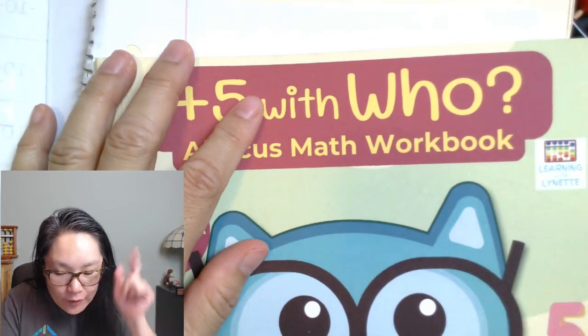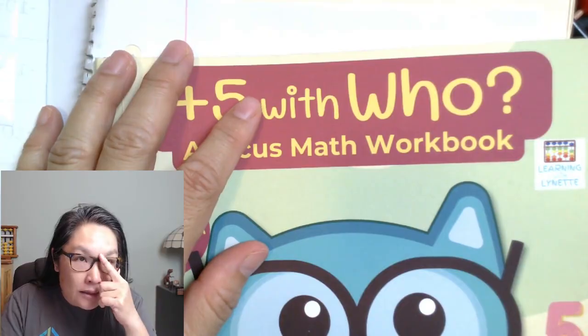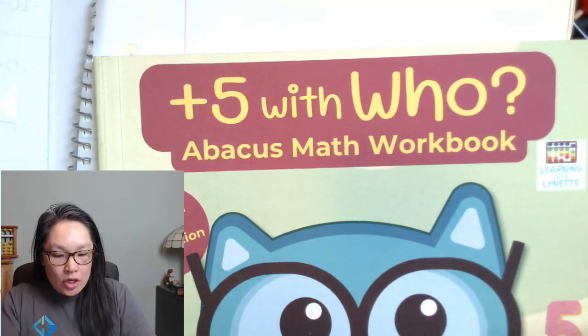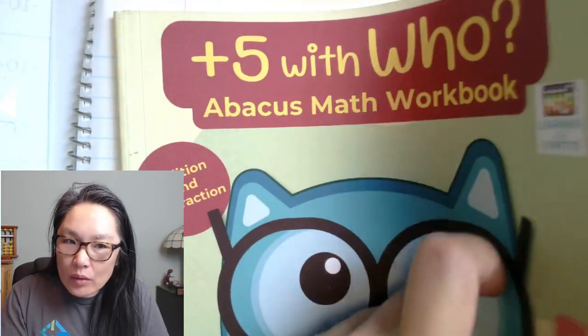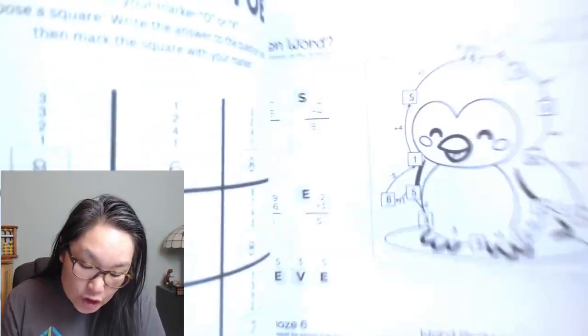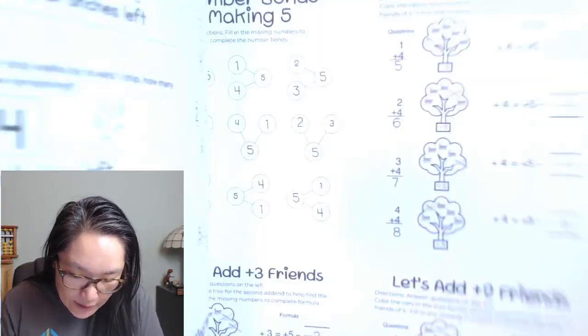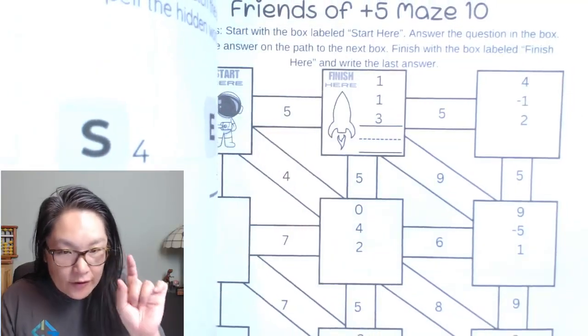So the difference in Abacus and mainstream math is we focus on specific questions. There was a person asking, is there going to be answers? There's answers to the books. You could cheat, but there are answers to the book. And the way I have it is every question is very specific.